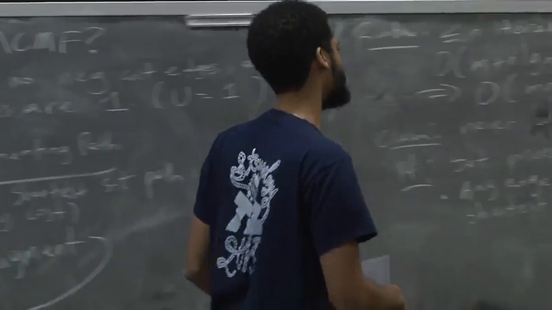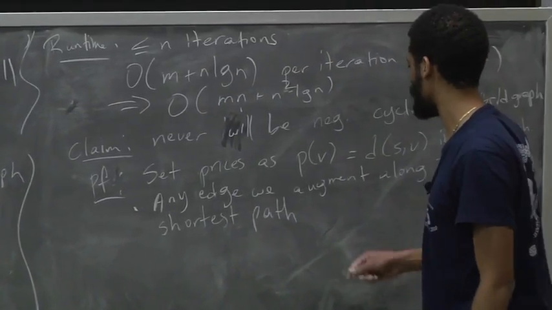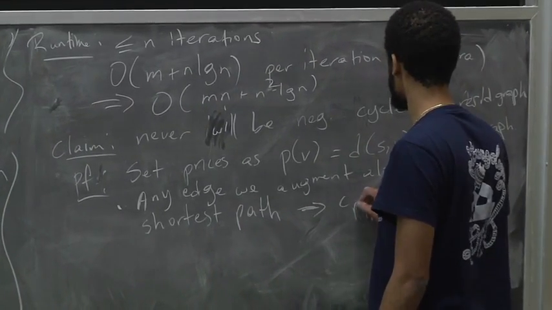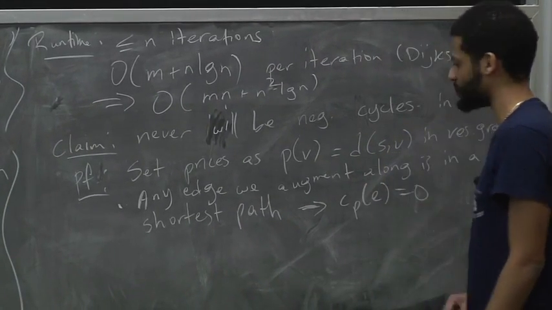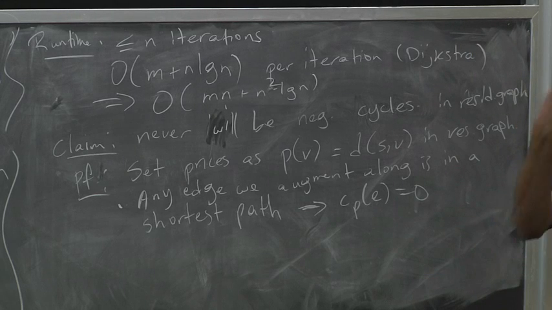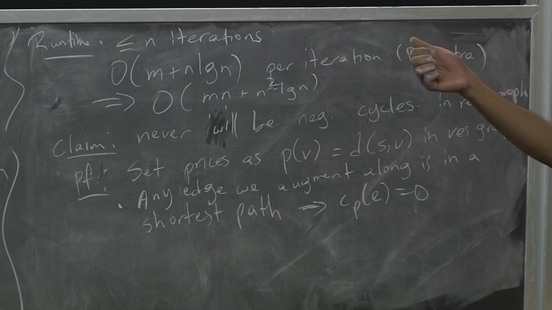Any edge we augment along is in the shortest path, which implies that its reduced cost is 0. And when we augment along it, it's saturated, because it's a unit capacity graph, and the reverse edge will be put in the residual graph with negative cost. But negative of 0 is 0.